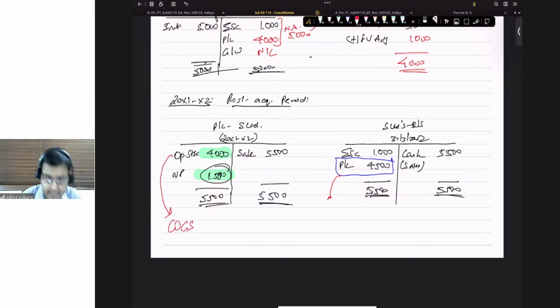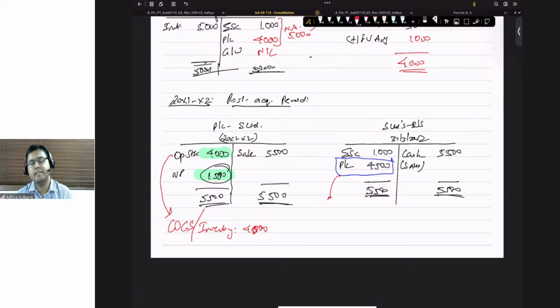My COGS is 4000, or inventory is credited with 4000, not 4500. Inventory gone out, so inventory credit 4000.